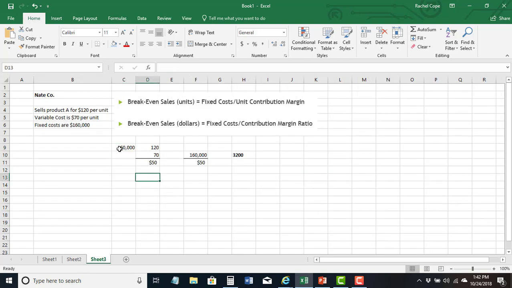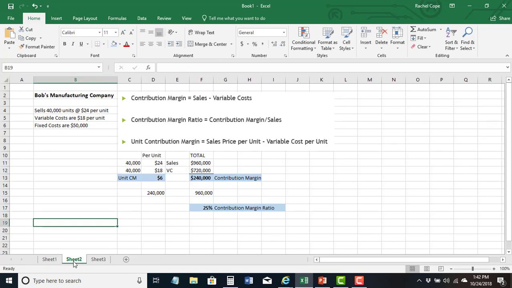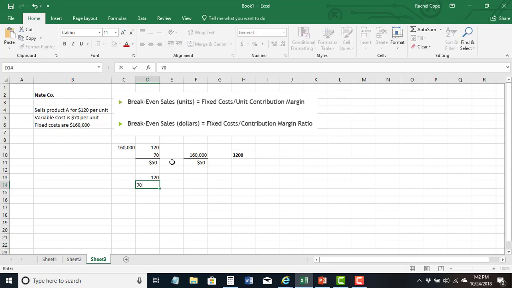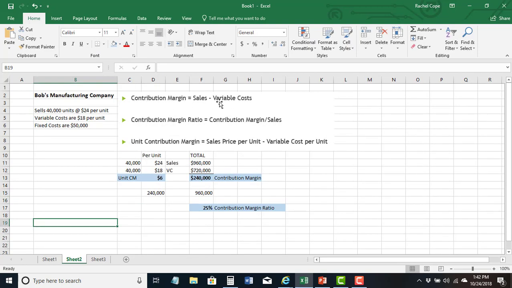So sales, 120, minus our variable costs of 70 gives us 50. Sales minus variable cost gives us our contribution margin. Then our contribution margin divided by sales gives us our contribution margin ratio.